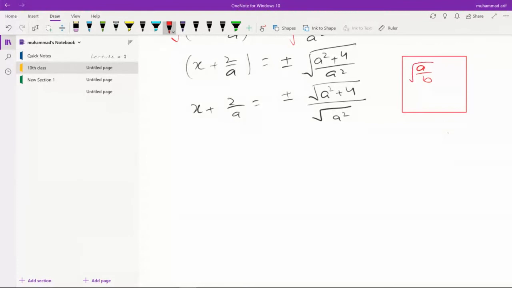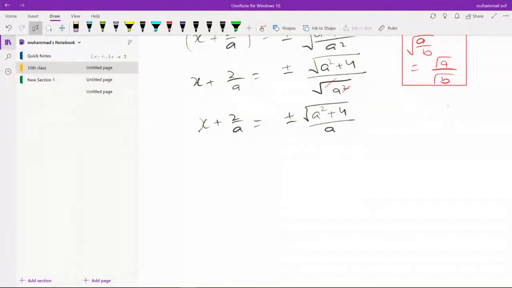We have square root of a by b, it means square root a by square root b. Now, this square and square root will be cancelled. On left hand side we have x plus 2 by a, plus minus square root of a square plus 4 over a.